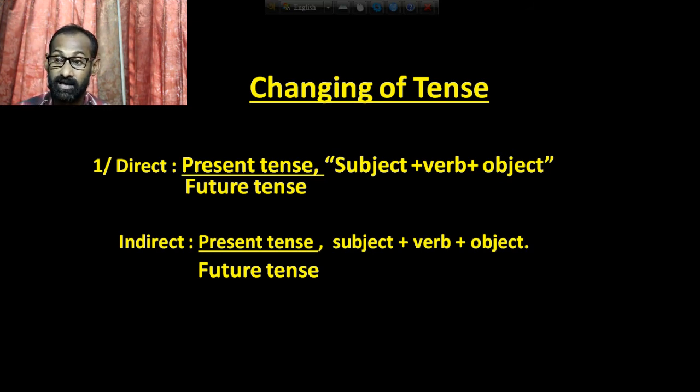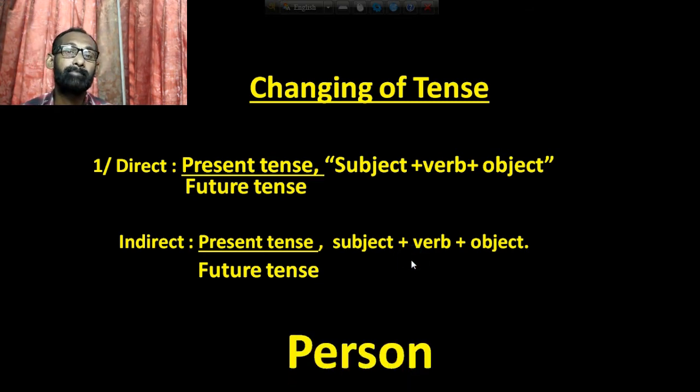Look at the structure. When you change it into indirect, there will be no change of tense. You have to change only the person.